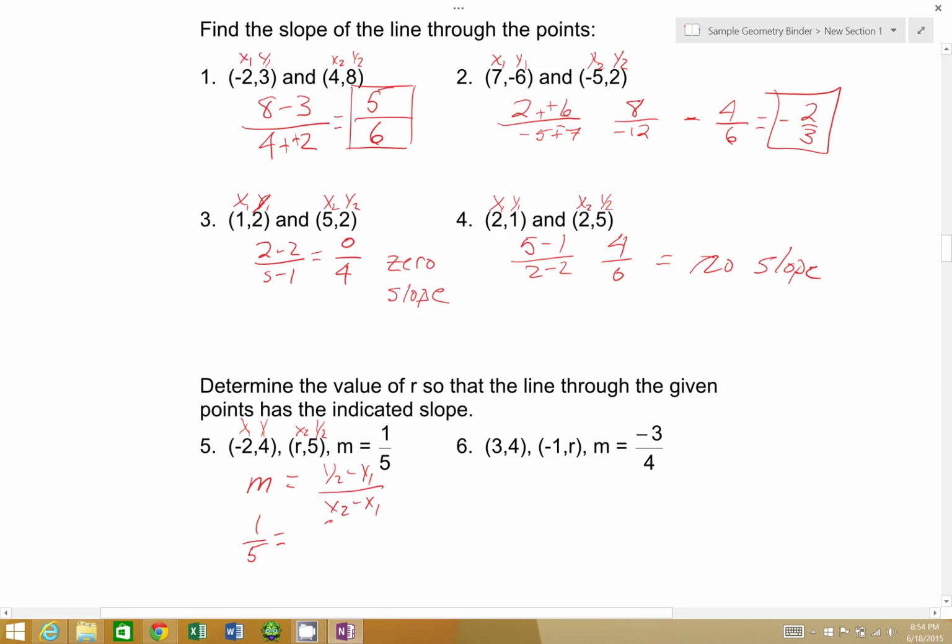So I have 5 minus 4 over r minus negative 2. Let's simplify that down. So I have 1 over r slash and dash plus 2. So my numerators here and here, they already match up. My denominators here, I need to figure out basically what plus 2 equals 5.